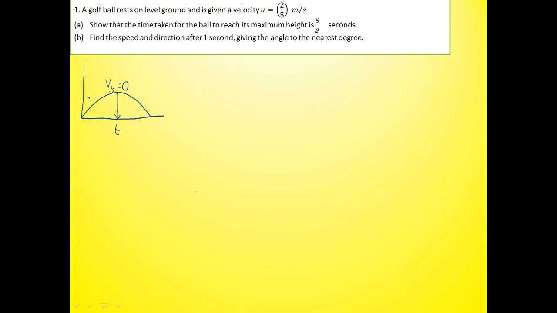So we've got V is just going to be 2, 0, because remember that in the horizontal the velocity does not change, equals U, which is 2, 5, minus 0, G, T. V equals U plus AT, but then obviously the minus with the gravity.